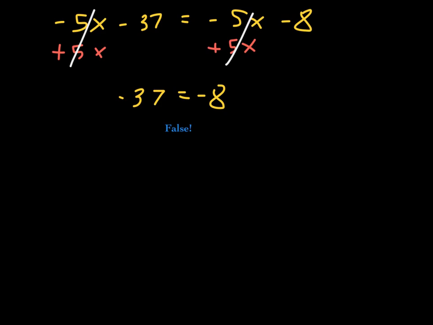Now, whenever your variables cancel themselves out and you are left with a false statement, that means your final answer is no solution. So I'll say that one more time. Whenever your variables cancel out and you're left with a false statement, that means the final answer is no solution.